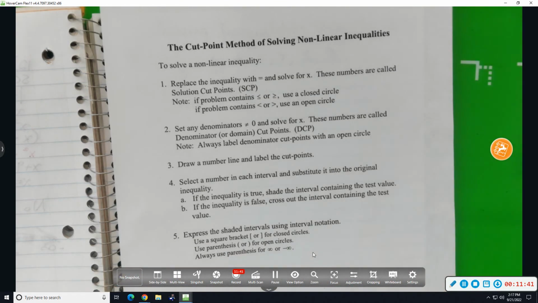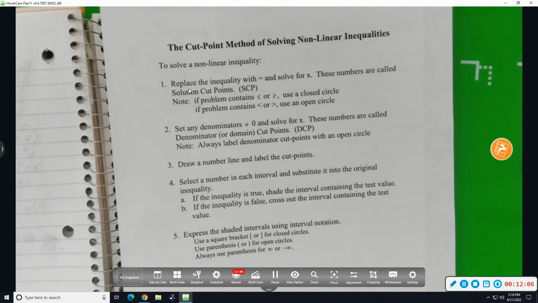It says, to solve a nonlinear inequality, actually, this will solve any type of inequality, replace the inequality symbol with an equal sign and solve for x. These numbers are called solution cut points. The cut points are the numbers that are going to be on the number line with the open and closed circles.